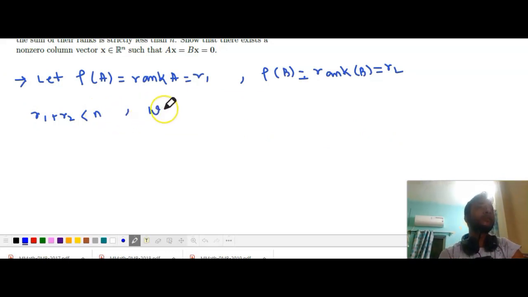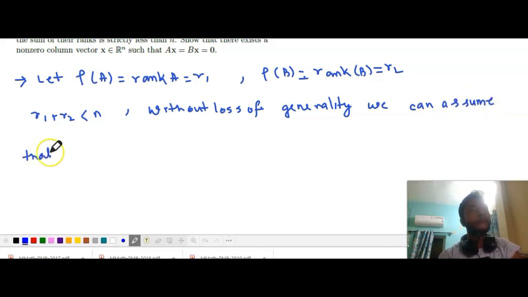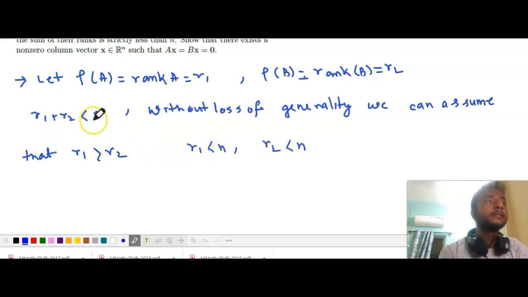So without loss of generality, we can assume that R1 is greater than R2, and R1 is less than n and R2 is less than n, as their sum is less than n, as both of them are less than n, right?